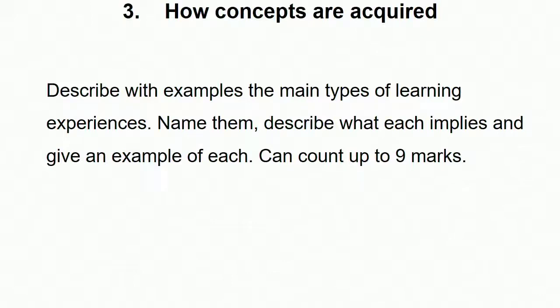Just naming and describing them can maybe count 4 or 5 marks. And what each implies and giving examples can count more marks. So always check the marks and decide exactly what to write. Don't write too much if it's just 4 marks or 2 marks, and don't write too little when it's 9 marks or more.